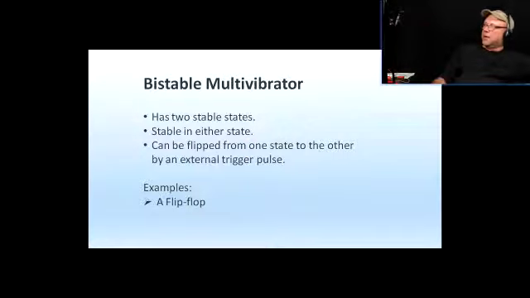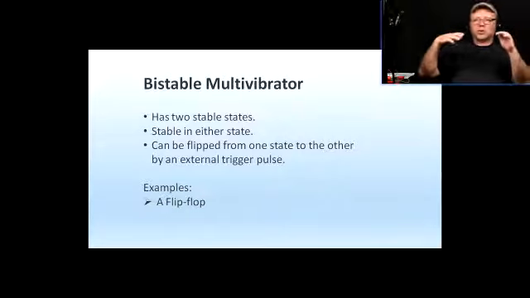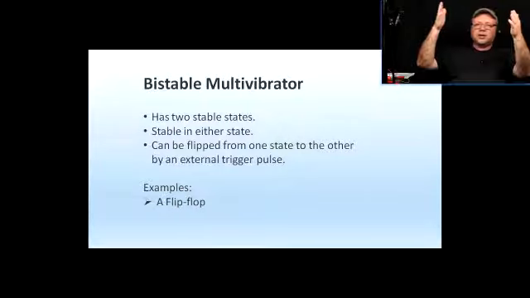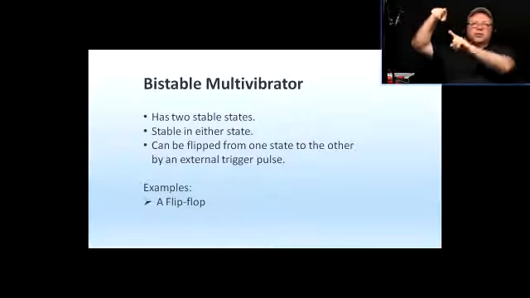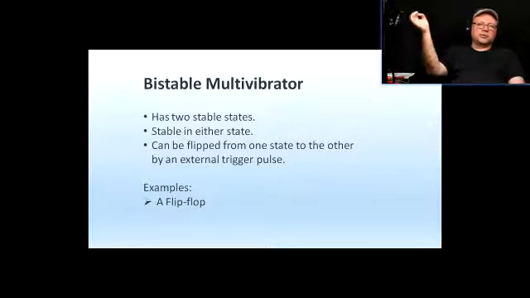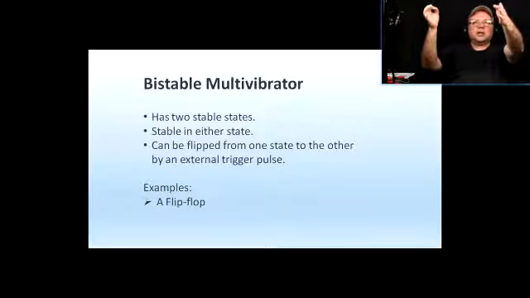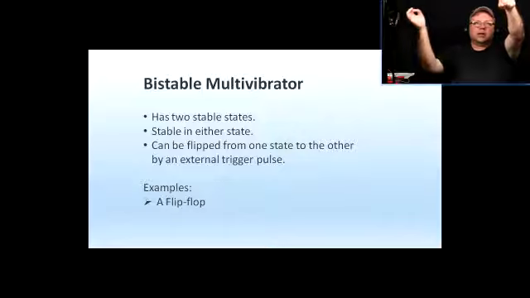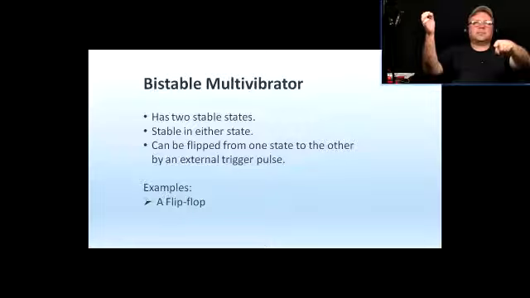An example of that would be a flip-flop, which we will be studying next time we see each other. It could be told to go high and stay there until something changes, and then go low and stay there. A flip-flop could be: as soon as you see a pulse, stay one way; as soon as you see another pulse, go another way.